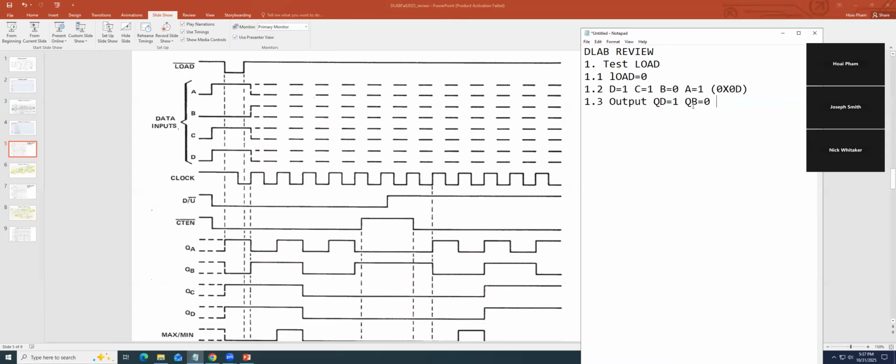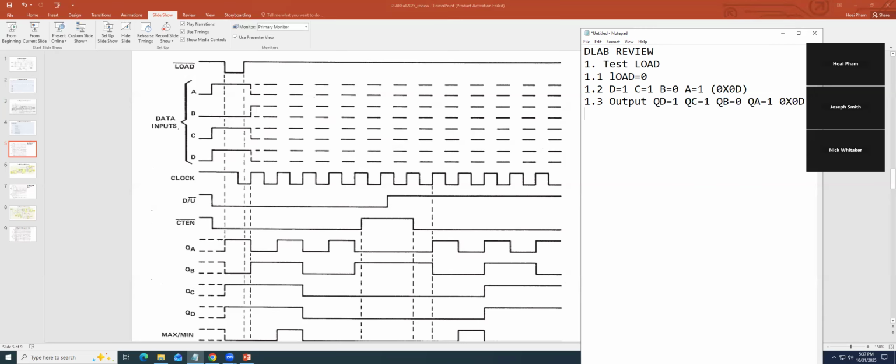Oh, you see, equal 1? 1. Okay. And QB. QB equals 0. And QA equal 1. So 08, 0D, right? Right. So that's done for that's number one.